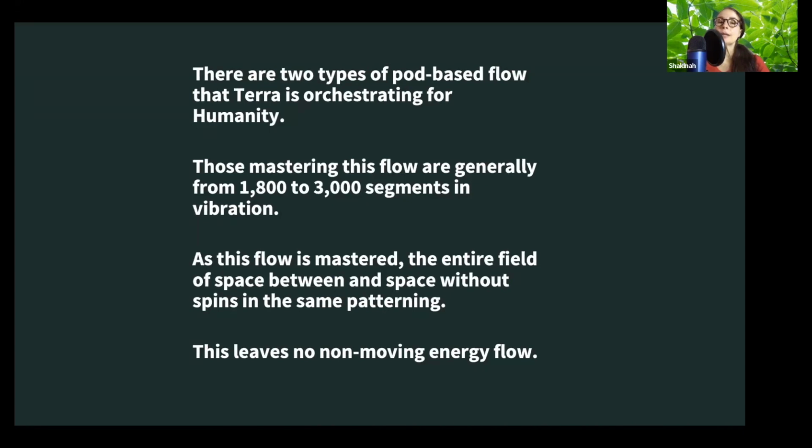So the higher the segments, the higher the vibration. And this is being orchestrated as we ascend. Our vibrations are rising, becoming quicker and lighter, as a matter of fact. As this flow is mastered, the entire field of space between and space without spins in the same patterning. This leaves no non-moving energy flow.